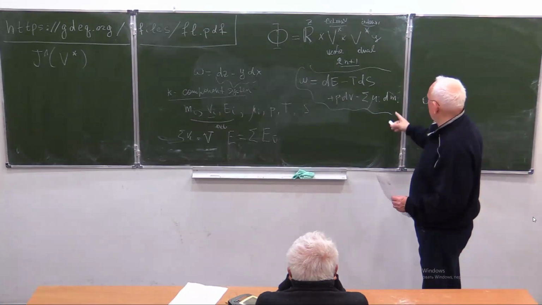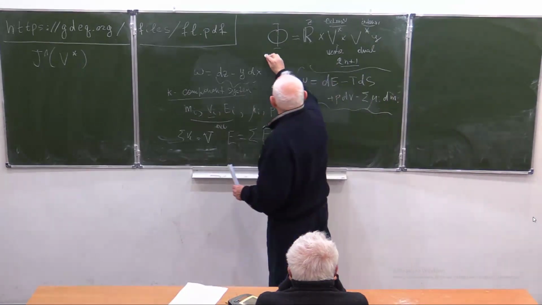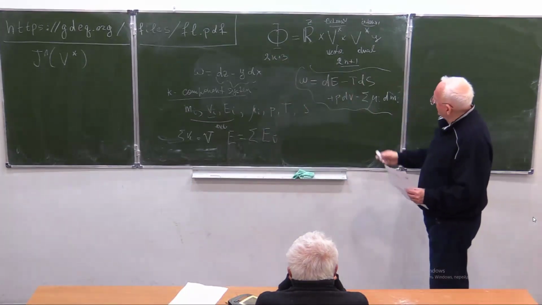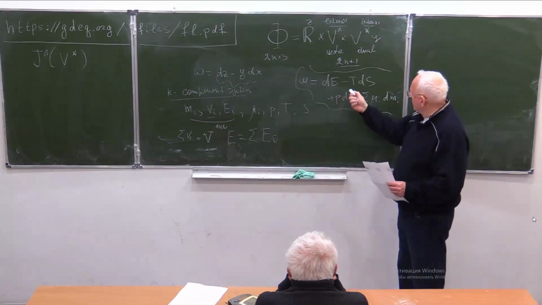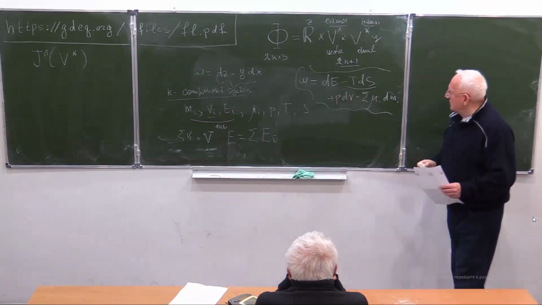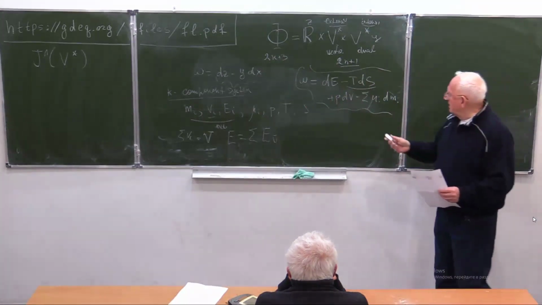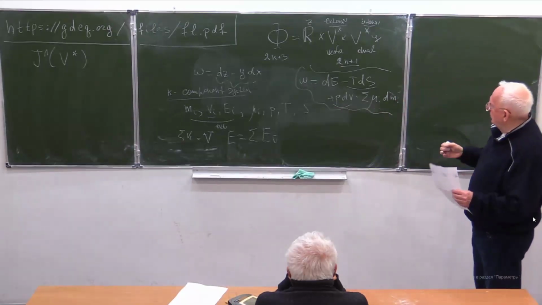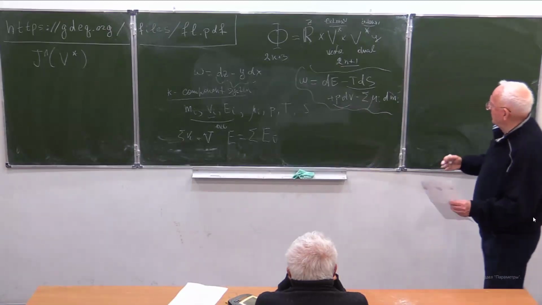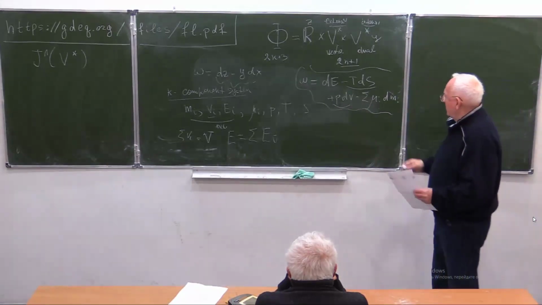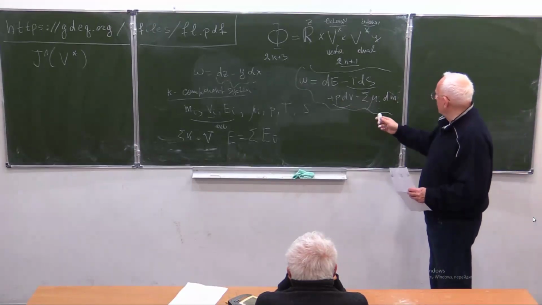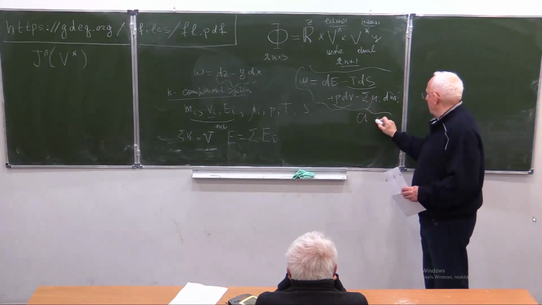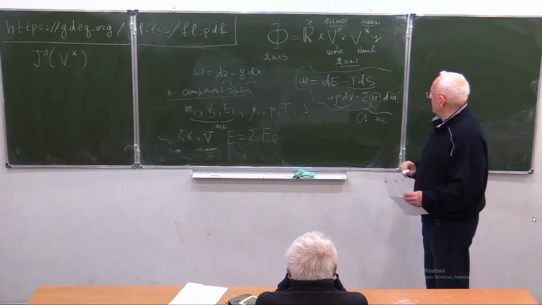It will have dimension 2n plus 3, I guess. And they interpret it like this. TDS is what they call heat. This is mechanical work. So we can change volume and we have some pressure, so we could get or use some energy for this. And this is so-called chemical energy. And these are called chemical potentials.